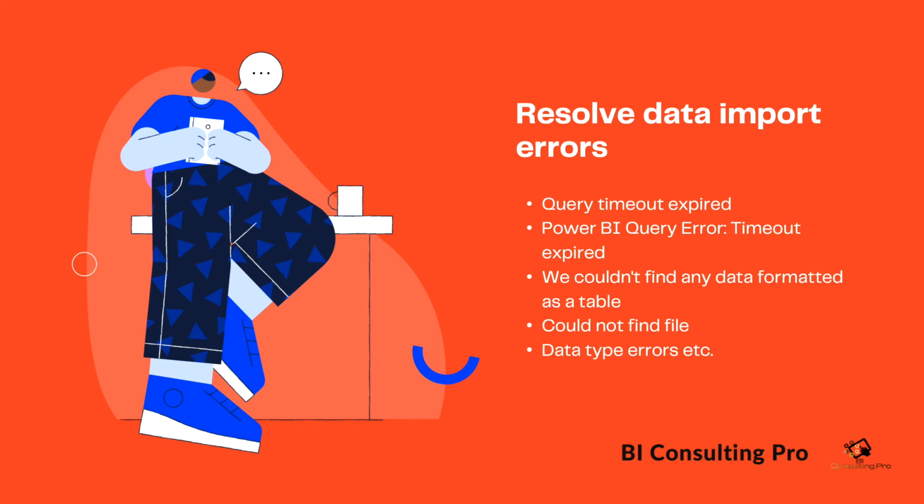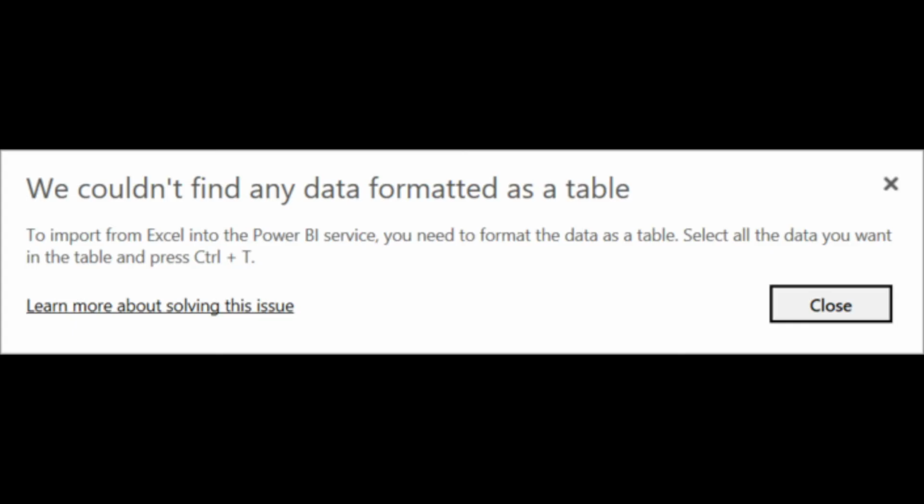Secondly, the Power Query error, timeout expired. This error indicates that you have pulled too much data according to your organization's policies. Administrators incorporate this policy to avoid slowing down a different application or a suite of applications that might also be using that database.